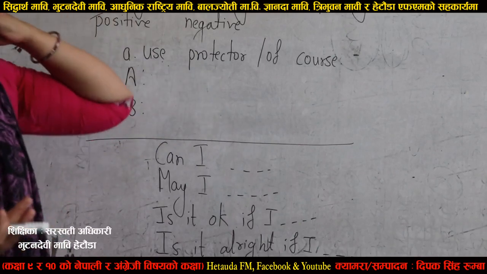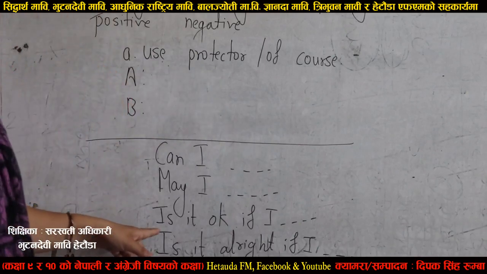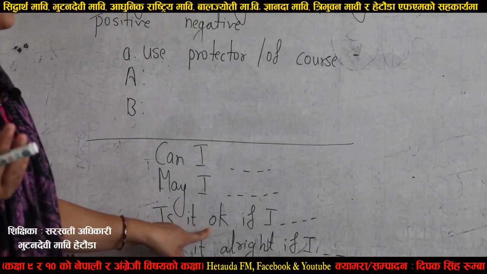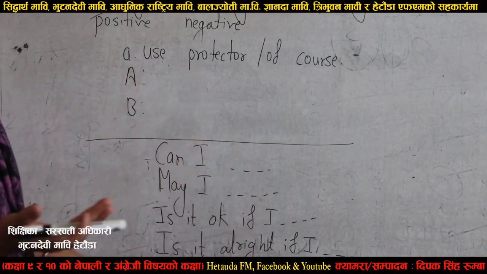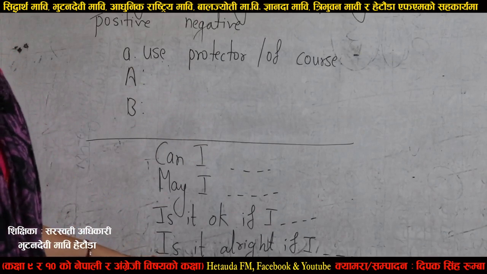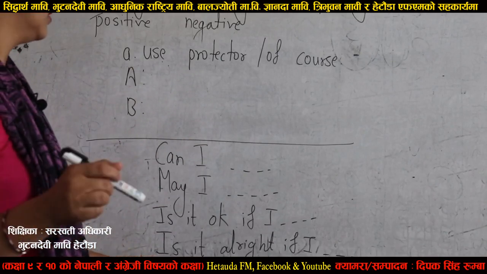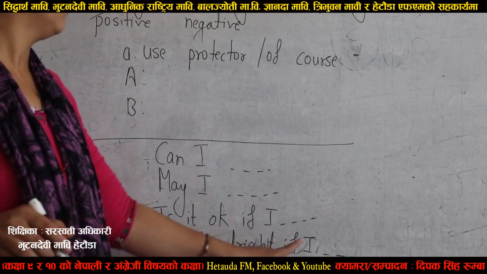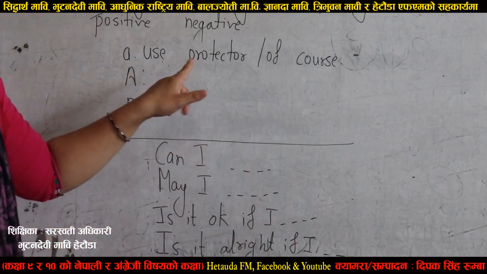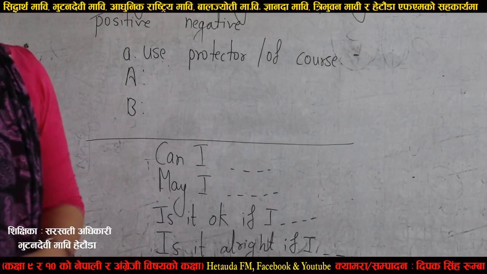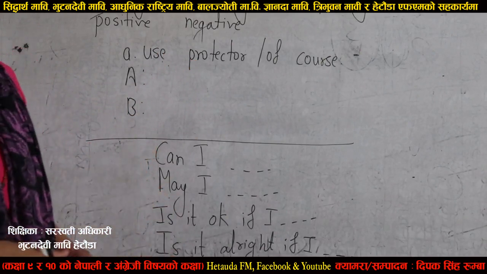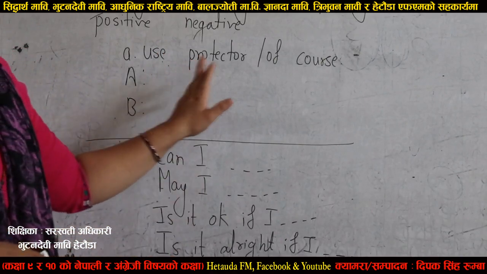In this way, you have to ask for permission. Another way, is it okay if I use your protector? And the final way, according to our book, is it alright if I use protector or use your protector? So using these 4 different structures, we can ask for permission.